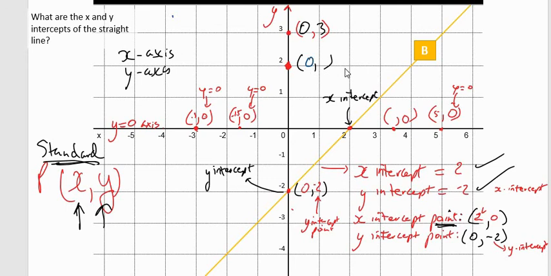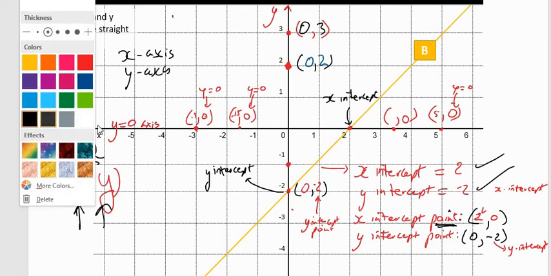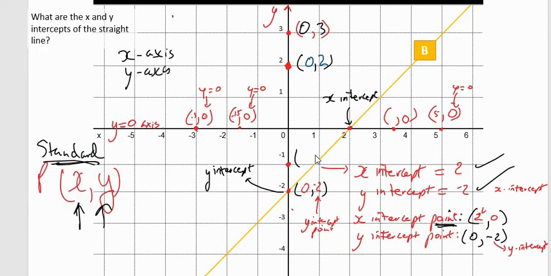Okay, 0, fine. And the other one is 2. Okay, great. All right, so what are the coordinates? The coordinates are 0 and -1.